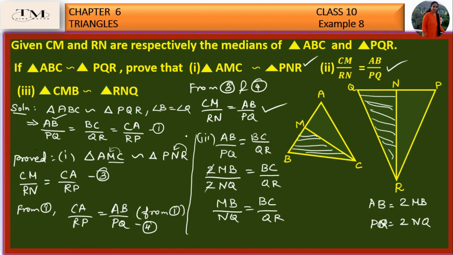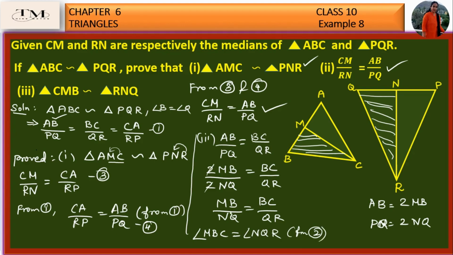This can be written as angle MBC in this triangle. So angle MBC will be equal to angle NQR. This is from 2 on the previous page.